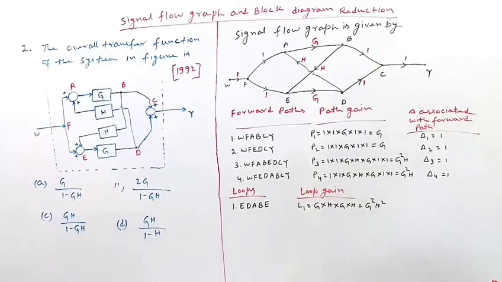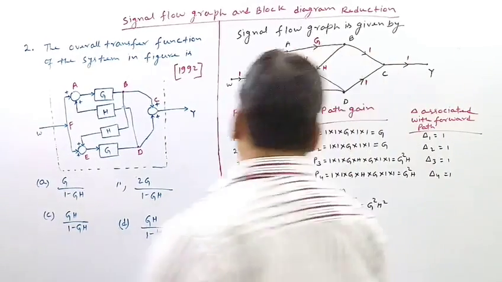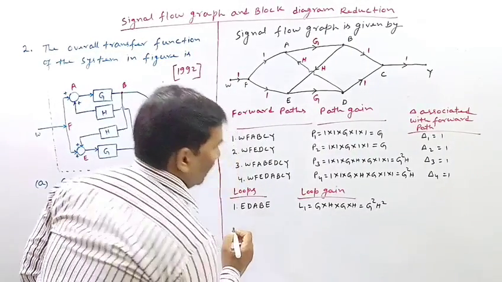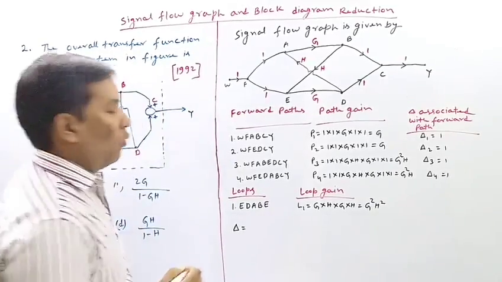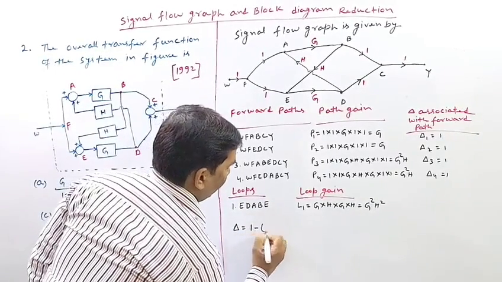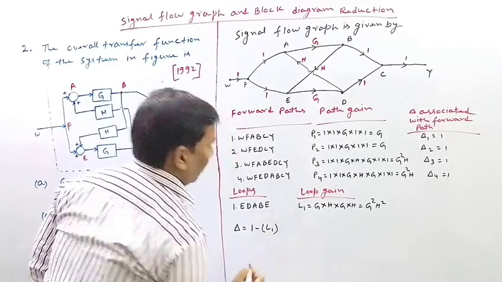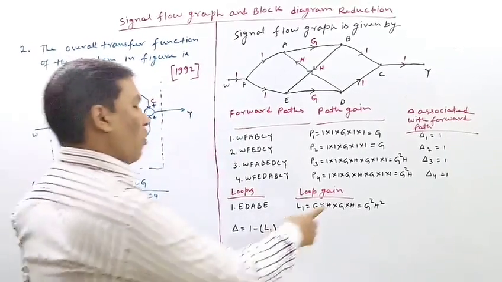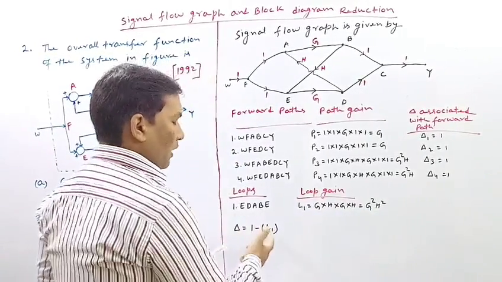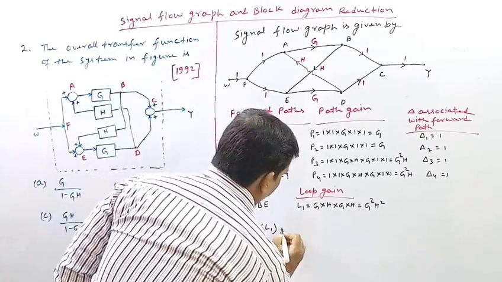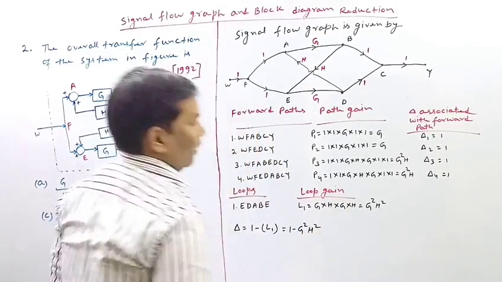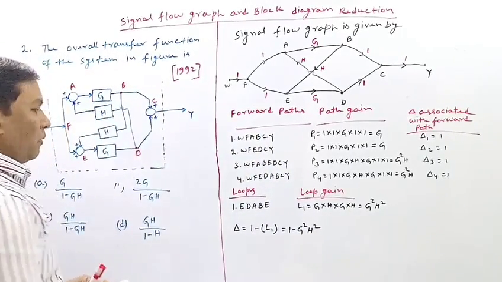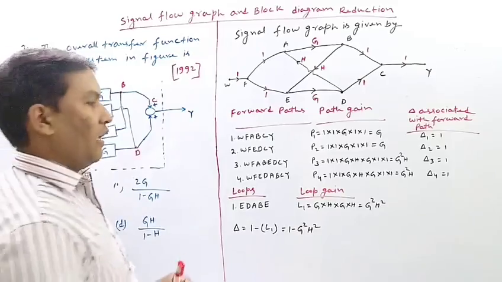Now let us calculate the delta. Delta is nothing but 1 minus L1, because there is only one loop. So it will be 1 minus G square H square. Now by use of Mason's gain formula, let us try to find out the transfer function.